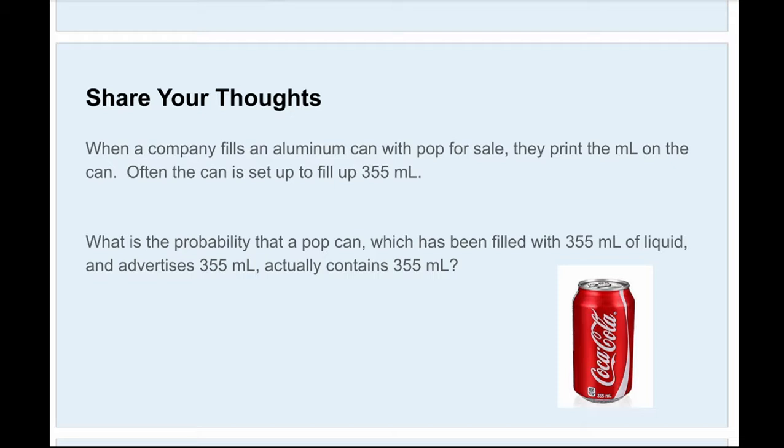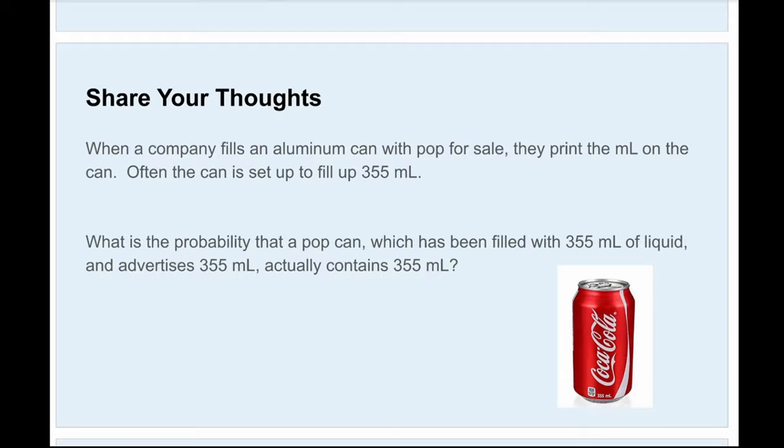Just think about this: when a can is set to be filled up to a certain amount and is advertised at that amount, what do you think the probability might be that it actually contains that amount of liquid?